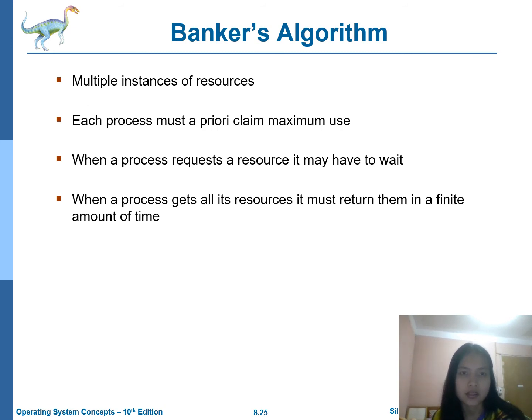Banker's algorithm: multiple instances of resources; each process must declare its maximum use. When a process requests a resource, it may have to wait. When a process gets all its resources, it must return them in a finite amount of time.